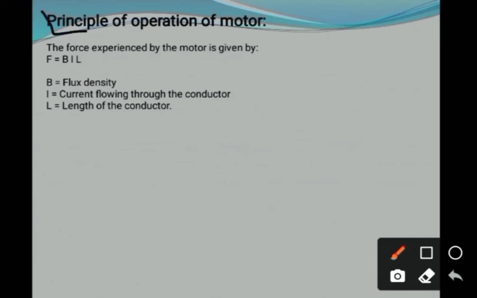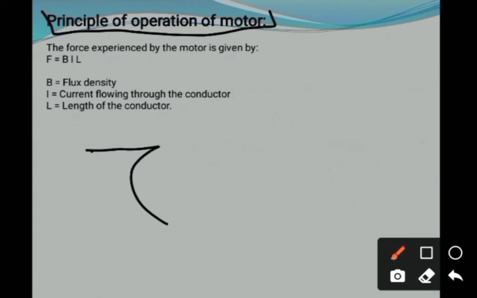Next point is the principle of DC motor. The principle of DC motor is based upon the Lorentz force equation. Lorentz force equation says that whenever a current carrying conductor is placed in a magnetic field, force is experienced by the conductor.